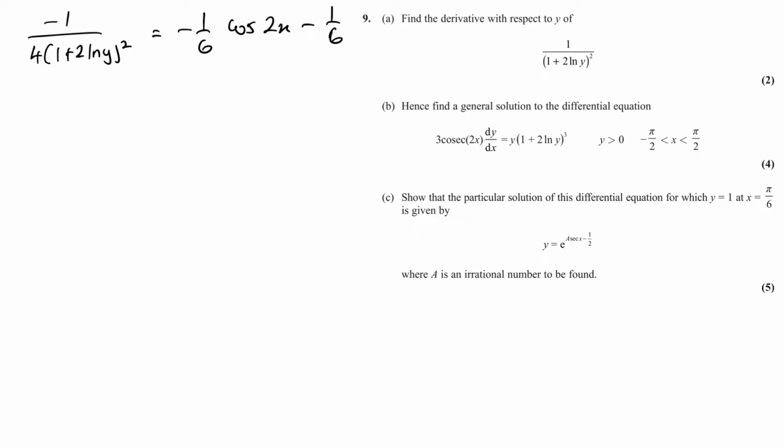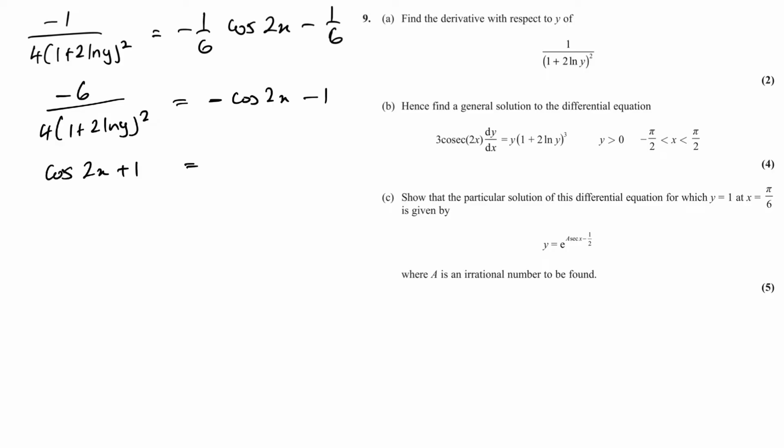So I'm going to just multiply by 6 first of all. Like so. And that's going to give me minus cos 2x minus 1. And I'm going to swap these sides, so I get cos 2x plus 1 equals 6 over 4 is 3 over 2, isn't it? So 3 over 2, 1 plus 2 ln y squared.